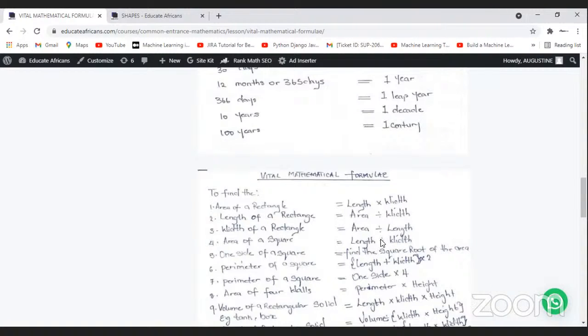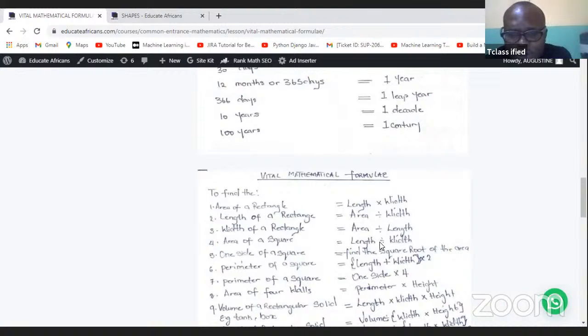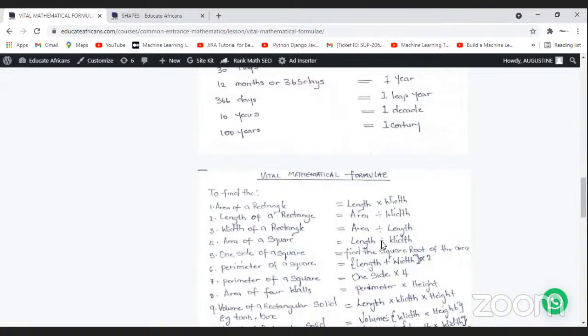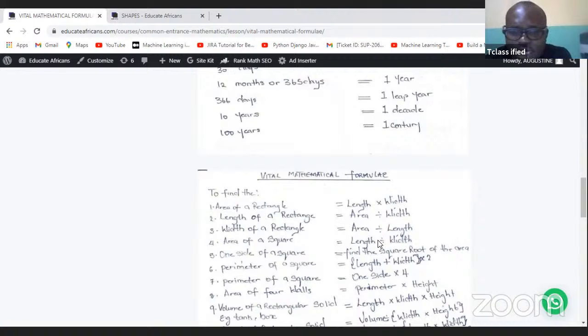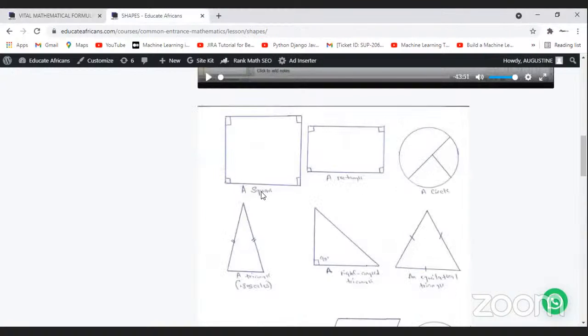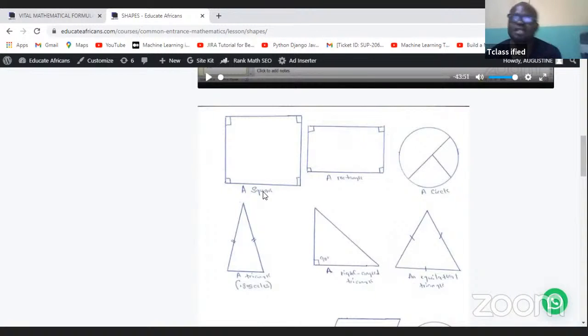There is a mistake here. It should be times, please. Don't use divided. The person that wrote it made a mistake. This is times, please. I'm going to correct it. So the area of the square is going to be what? If you have 4 cm here, 16 centimeter squared. Perfect. 16 centimeter squared. That's what it's going to be.